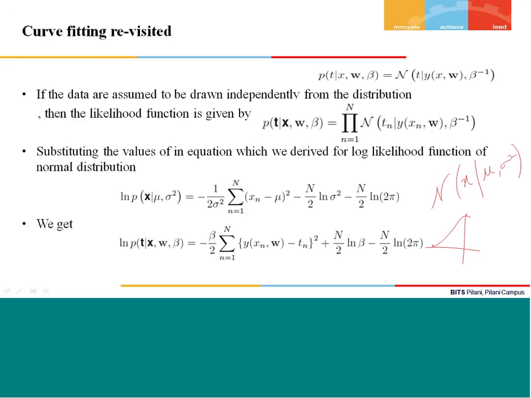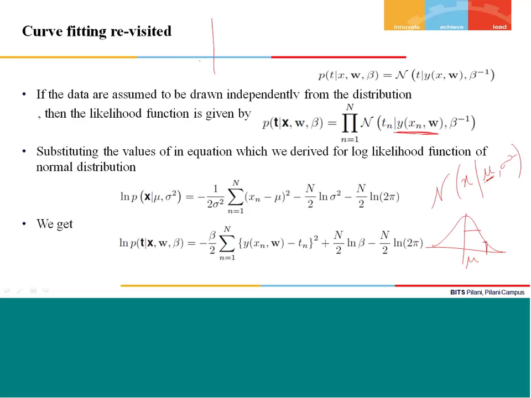This was mu, this was variance. I am just putting in the value of x and it gives me a probability. Here in this case, rather than taking a fixed mu, I am taking the mu that my hypothesis is giving.